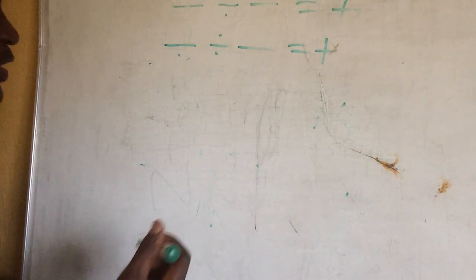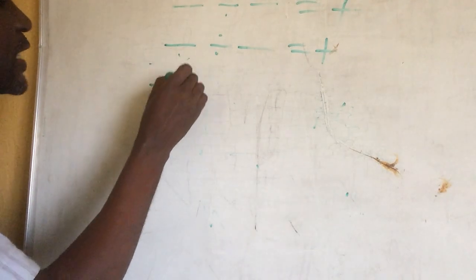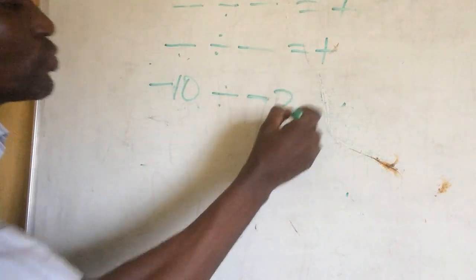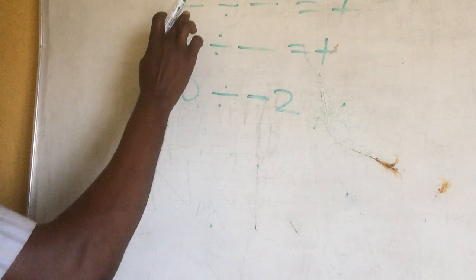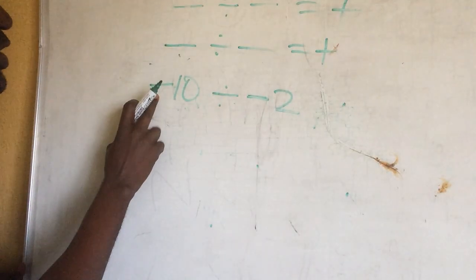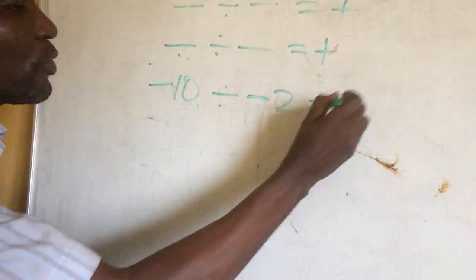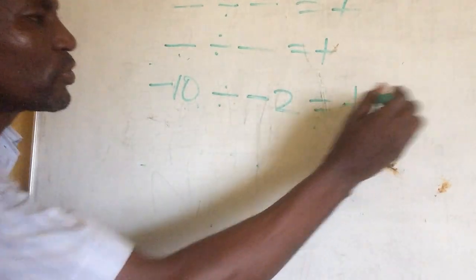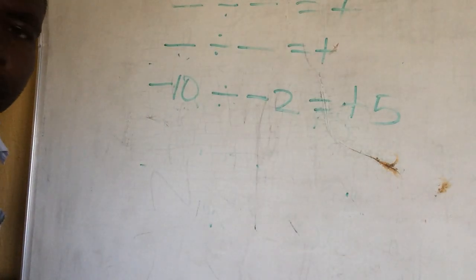Using numbers, for example, when you have minus 10 divided by minus 2. Remember, minus divided by minus will give you plus. So minus divided by minus will give you what? Plus. Then 10 divided by 2 will give you what? 5. So your answer is plus 5.